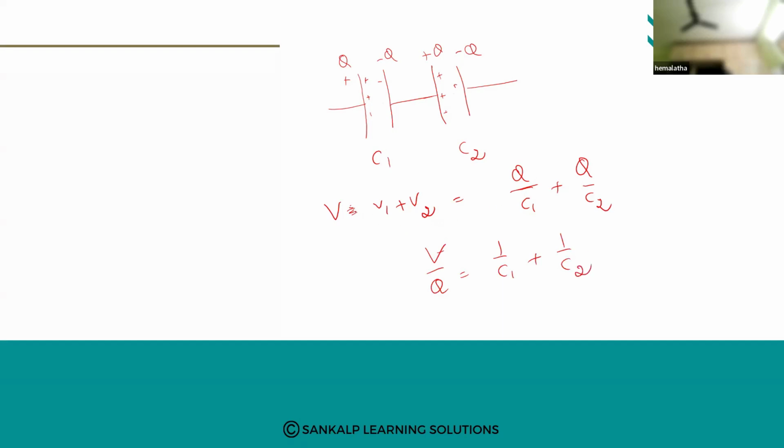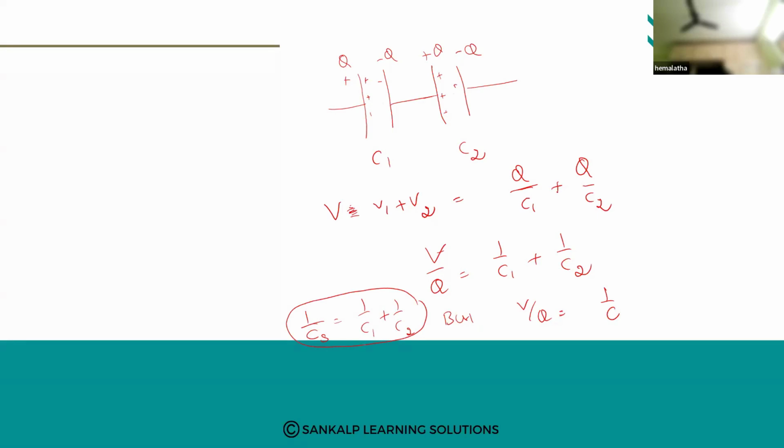What is common here? V is equal to V1 plus V2, so V by Q is equal to 1 by C. That is equal to 1 by C of S, because it is in series, right? 1 by C1 plus 1 by C2. Series is simple.